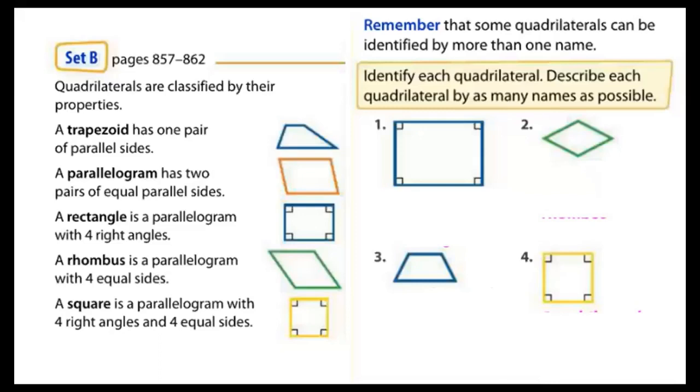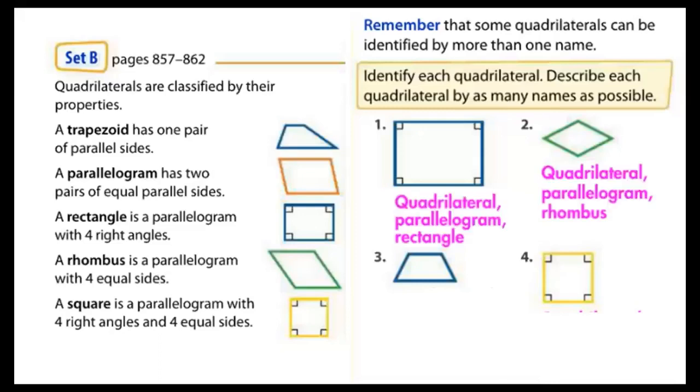But there are the same properties between the rectangle and the parallelogram. And because this polygon is formed of four sides, I can call it a quadrilateral also. So we have here three names: quadrilateral, parallelogram, and rectangle. This is for shape number one on page 877.